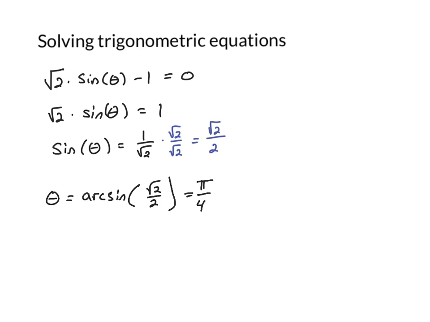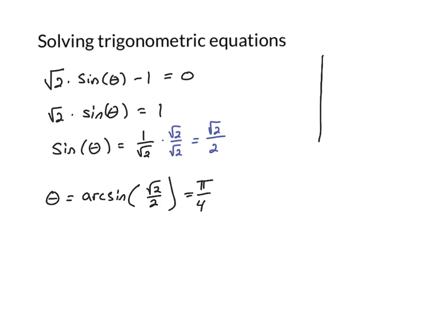But the problem with this is that it isn't the only answer to my equation. I can use the inverse trig function to give me one solution, but I know that there are more out there. So arcsine of square root of 2 over 2 is one possible solution, but let's try to find the others.